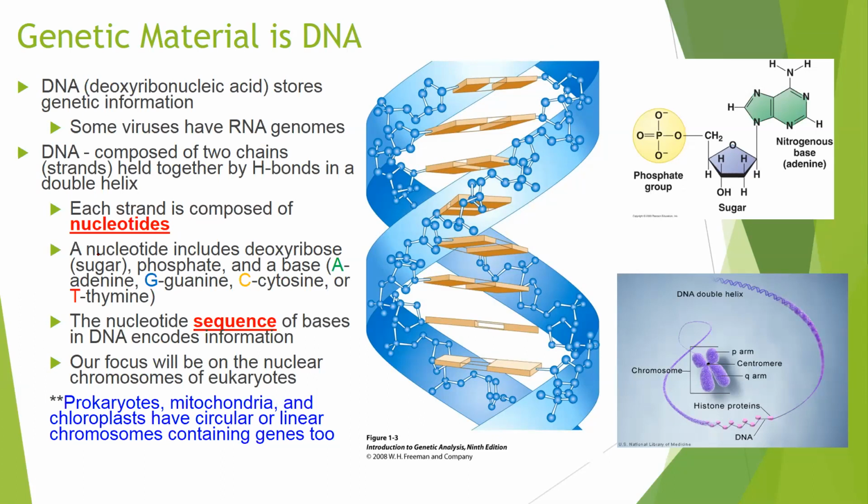If we zoom in and look into each single nucleotide, we see each nucleotide includes a sugar, deoxyribose, and also a phosphate, and one of four bases, right? A, G, C, T. The sequence of the bases in DNA molecules encodes the genetic information. So this is what we have learned before.